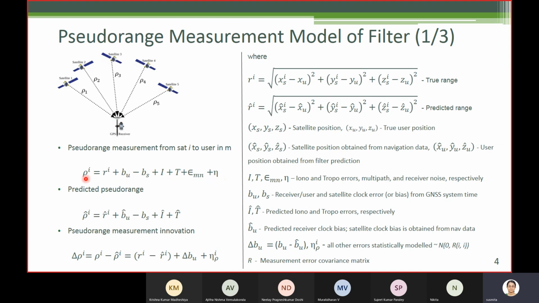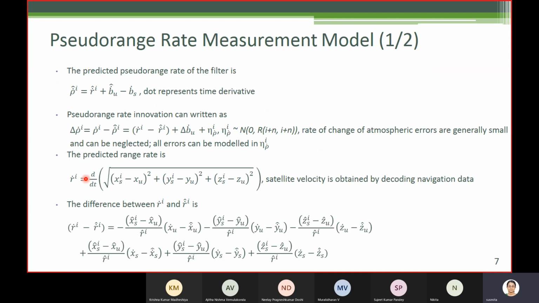Okay, the predicted pseudo-range rate has to be obtained the same way. R dot hat, bu dot minus bs dot. The other terms we do not consider, any derivative of other terms. This is for the predicted pseudo-range rate.